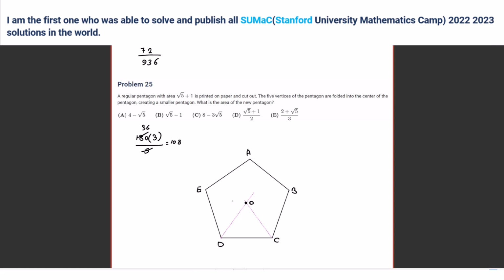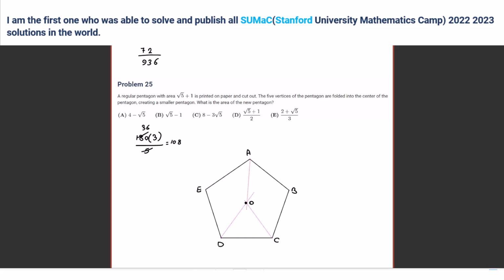Okay, when A goes to the center, what happens if you want to create a new pentagon, the figure would be what? It would be like this pentagon rotated 180 degrees. Yes, if we connect, for example, A to this one, so when A goes here, you should consider the perpendicular bisector, right?